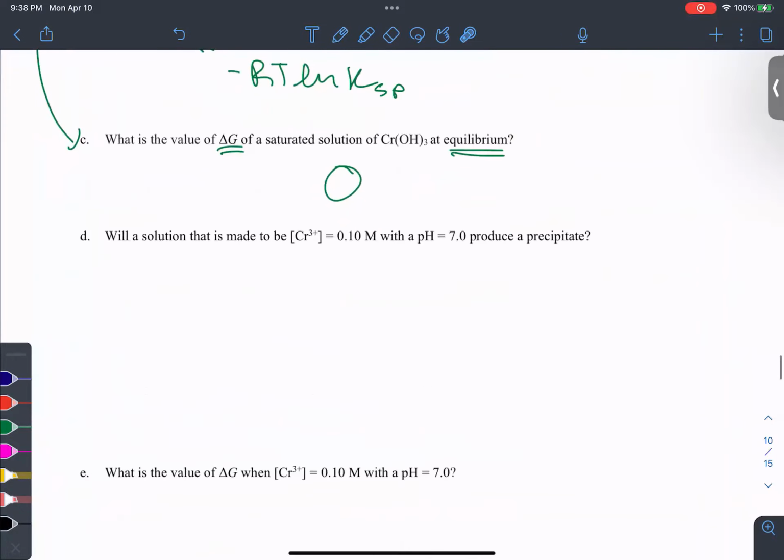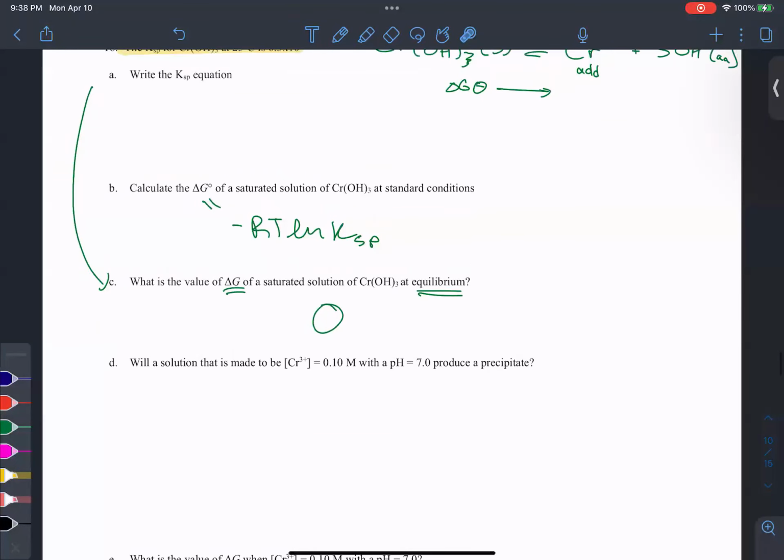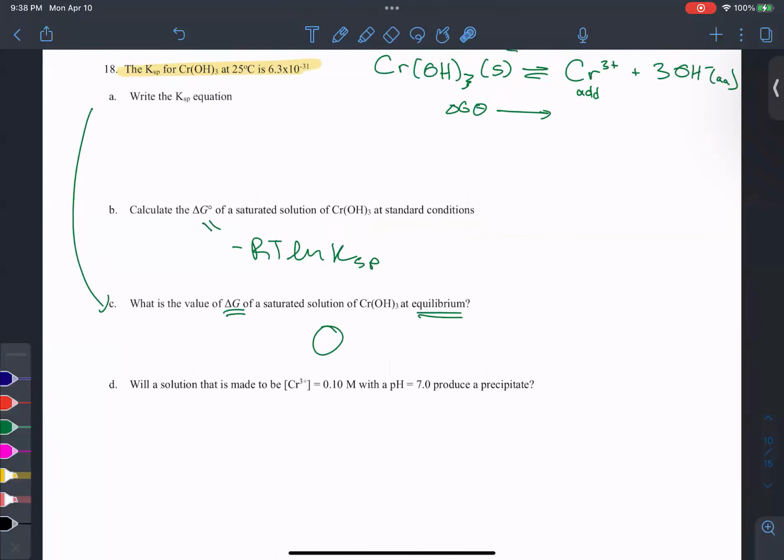All right, so let's say we have a solution that is this concentration chromium with this pH. Will it produce a precipitate? So, is this at equilibrium?